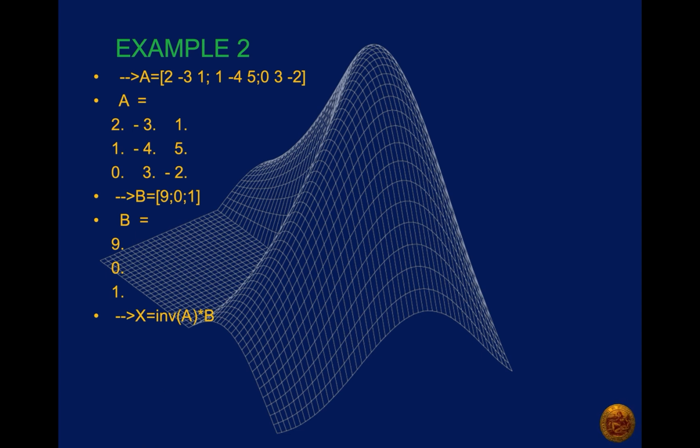We can compute the solution X by just typing inverse of A multiplied by B. And then that gives you the solution for x1, x2, and x3.